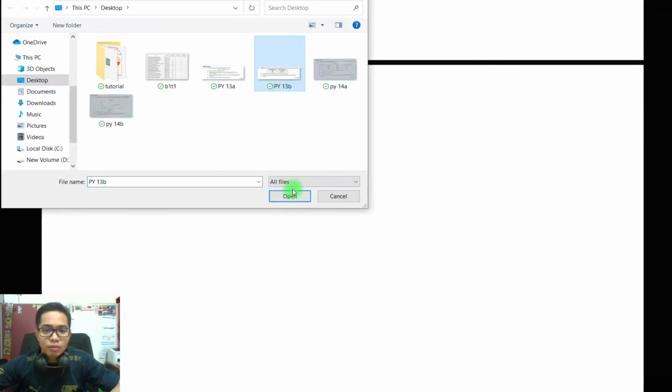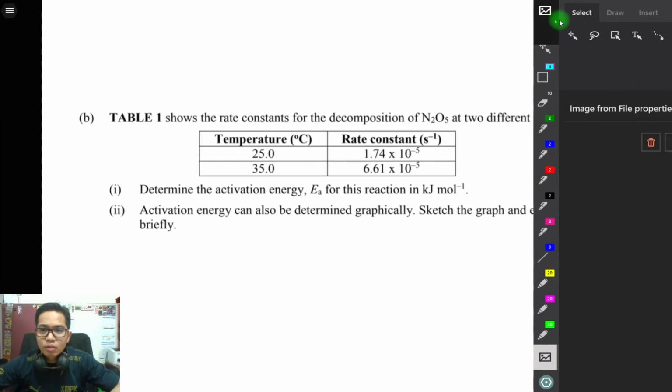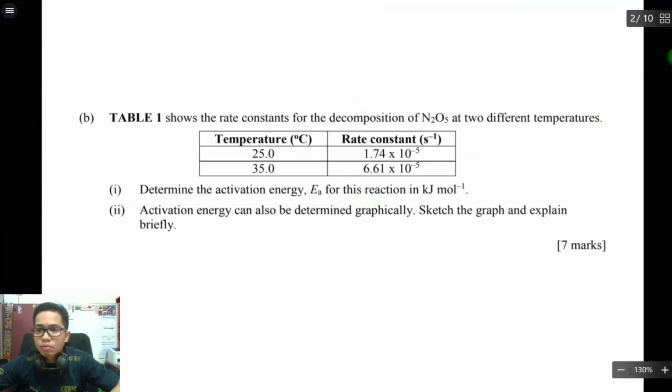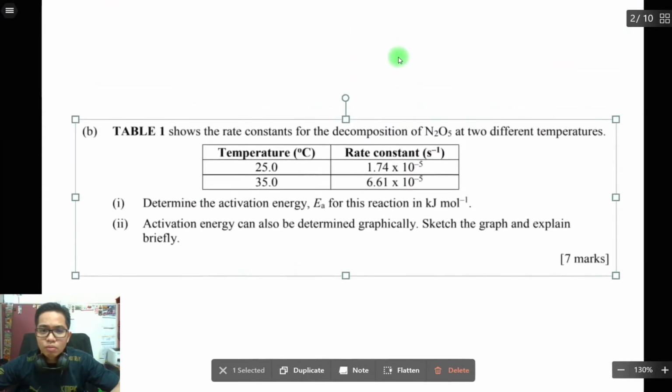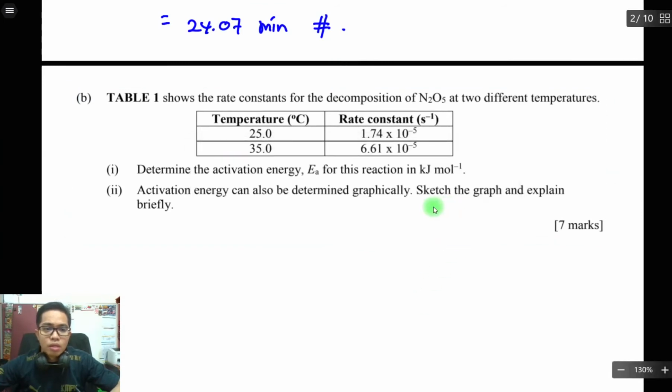Question number 13B. Table 1 shows the rate constant for the decomposition of N2O5 at two different temperatures. They give two temperature values and two rate constant values in s-1. Number 1, determine the activation energy for this reaction in kilojoule per mole.